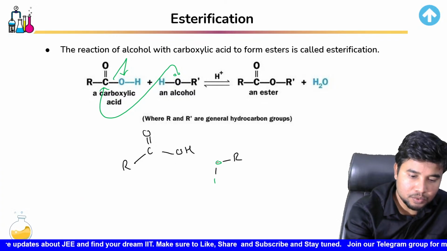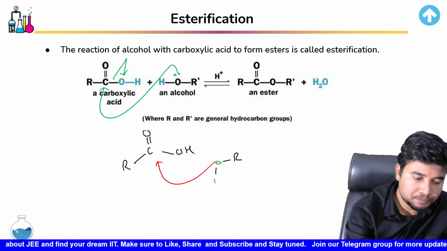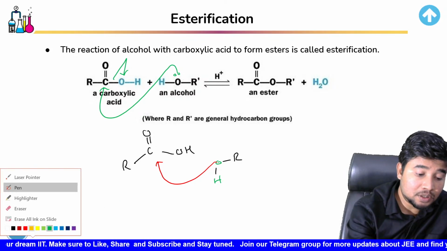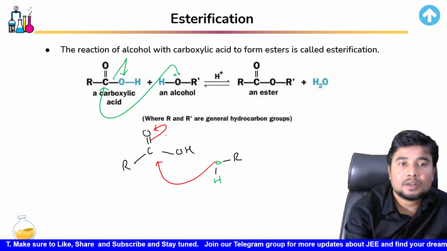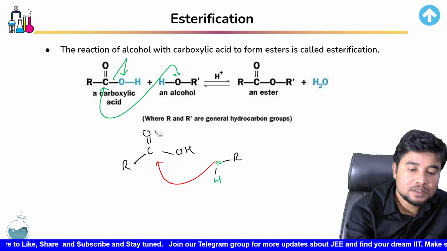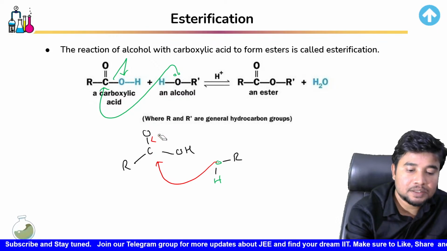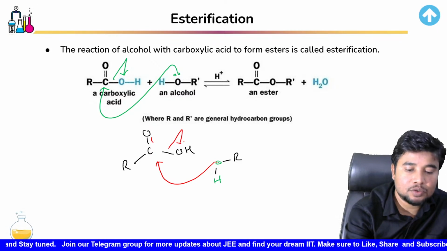You know what is going to happen here is simple, children. This molecule would make an attack over here. Once it has made an attack, initially this O minus would be formed. Once this O minus has formed, it would come back, and when it comes back, this group would leave.